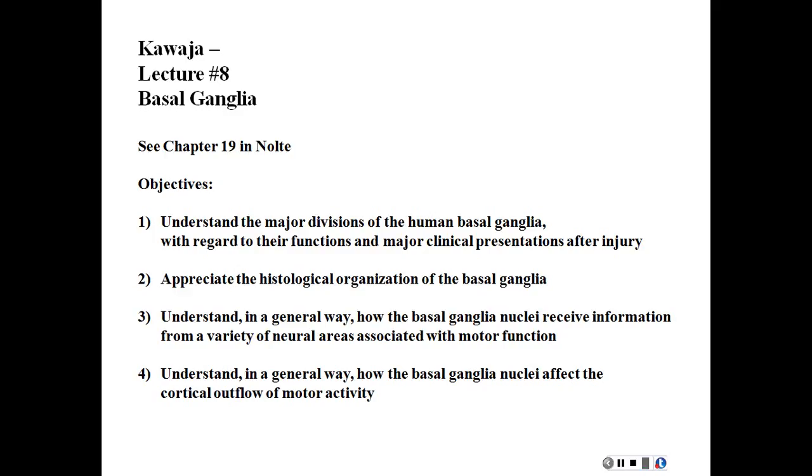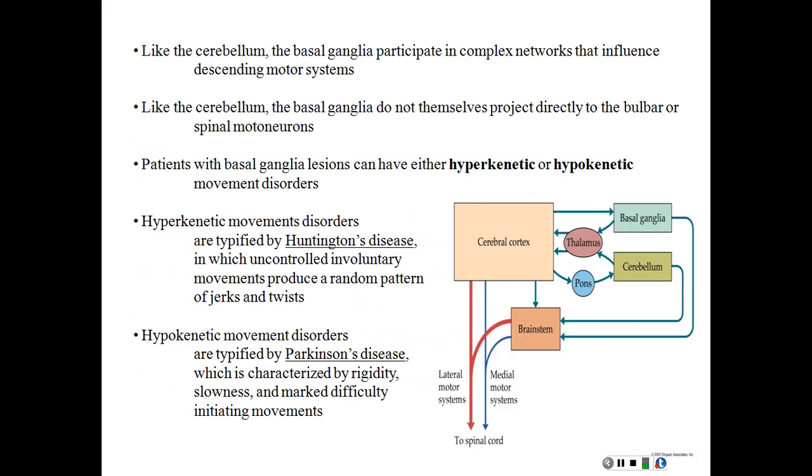Now, I've mentioned before that the basal ganglia is an unfortunate term because when we think of the word ganglia, it's these collections of neurons peripherally, right? We have sensory ganglia and we have autonomic ganglia. Well, unfortunately, we also have this structure called the basal ganglia, which is actually in the central nervous system. Just a caveat about words.